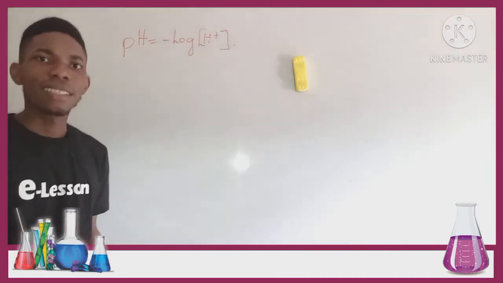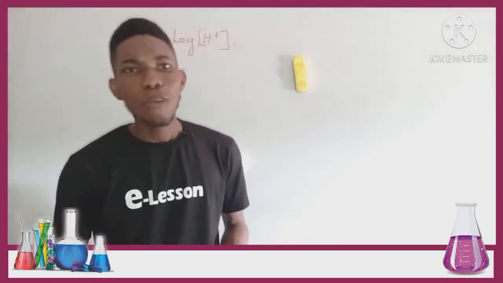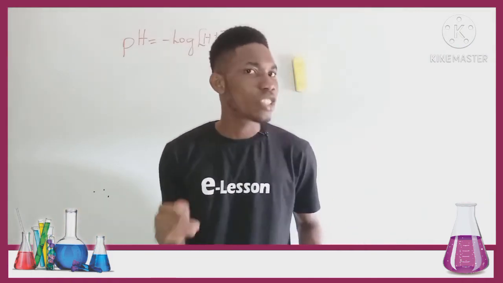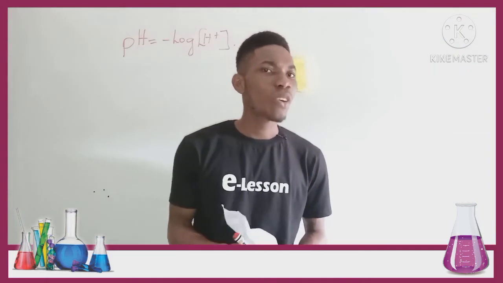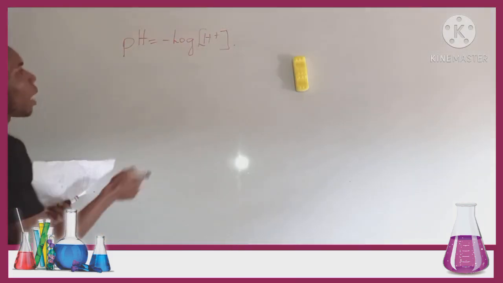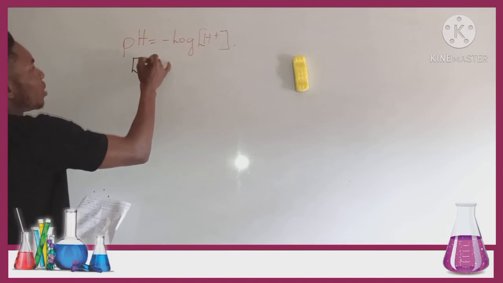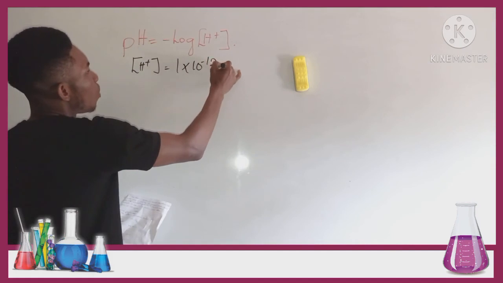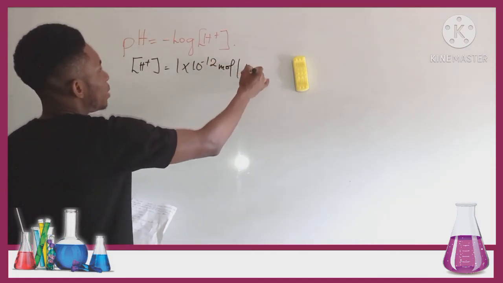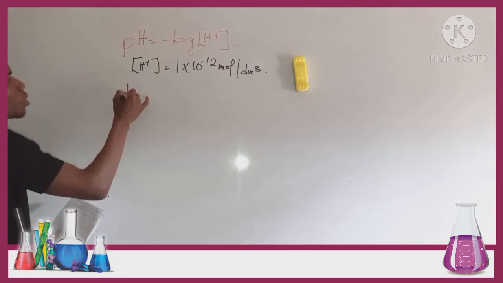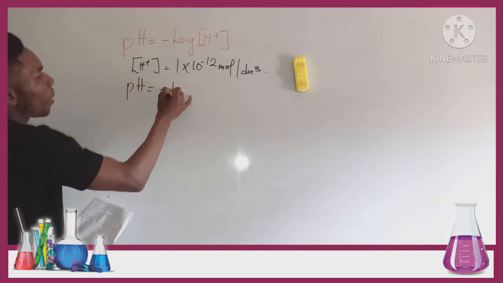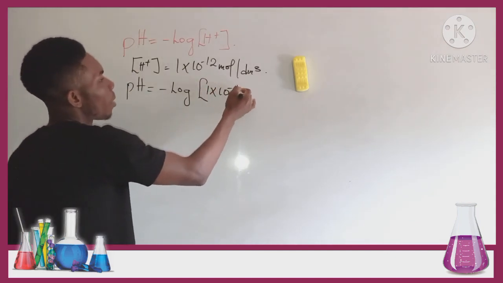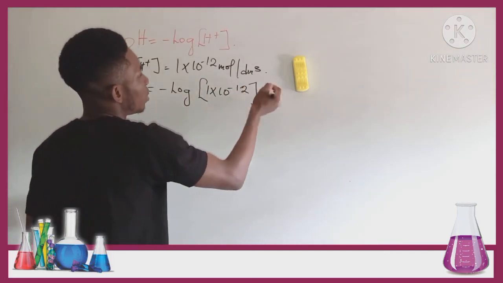That is to say that the pH is equal to the negative logarithm of the hydrogen ion concentration. Our hydrogen ion concentration was given as 1 times 10 raised to power minus 12 mole per dm cube. Substituting this into the equation, pH is equal to minus log of 1 times 10 raised to power minus 12 mole per dm cube.